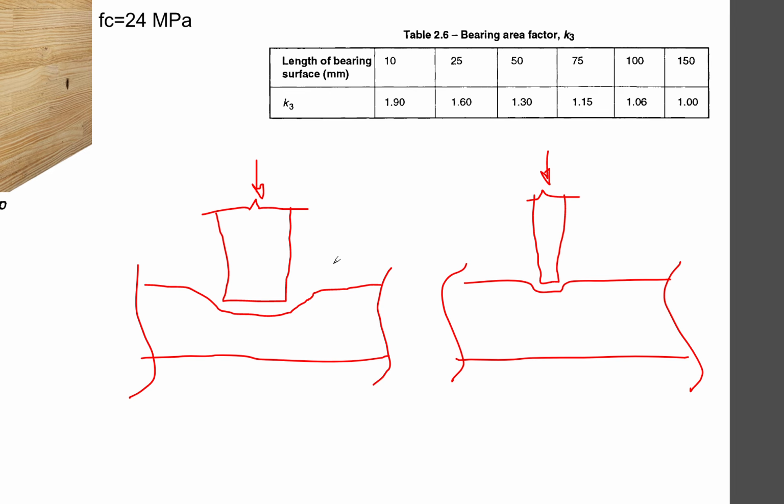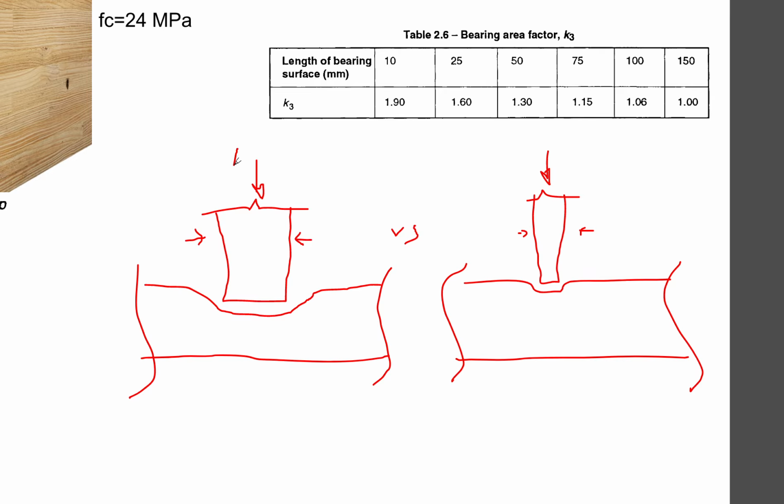This is something to do with the stresses in the timber fiber. You have a wide timber column that's loaded, for example, a column loaded on your timber floor, compared to a skinny column that is loaded on your timber floor. Those two different loading scenarios result in different K3 values. Why?